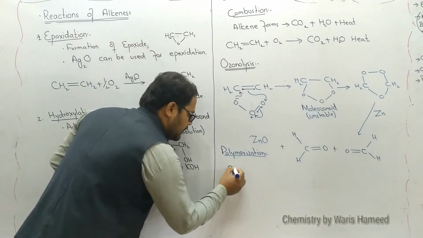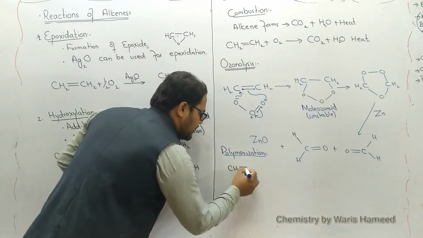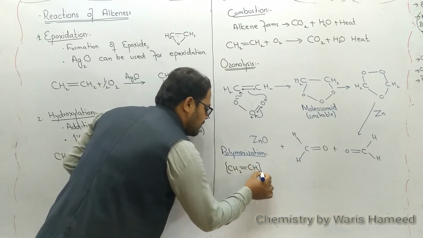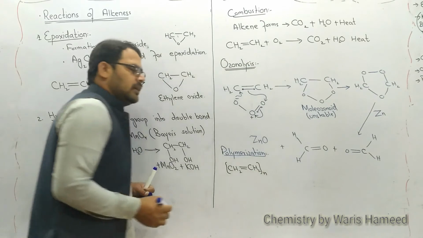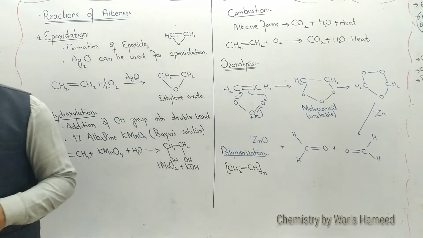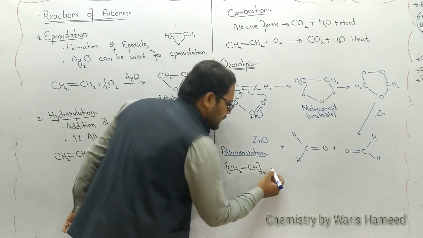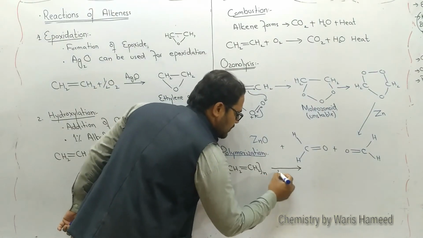If we have n number of units of ethene and we polymerize them, it will form polyethylene.